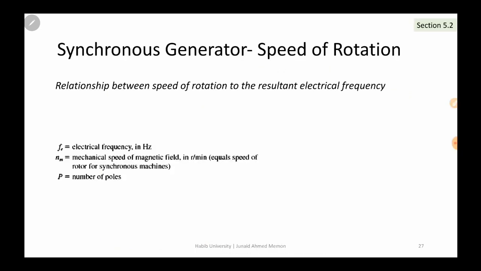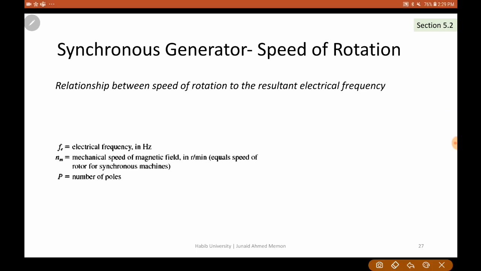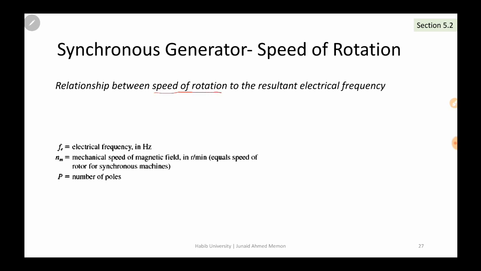So let's now move more towards the analysis and modeling of the synchronous generator. We derived an expression for the relationship between the speed of rotation and the resultant electrical frequency. We said that the electrical frequency generated in the stator windings will be equal to the mechanical speed of the rotating magnetic field times the number of poles divided by 120.